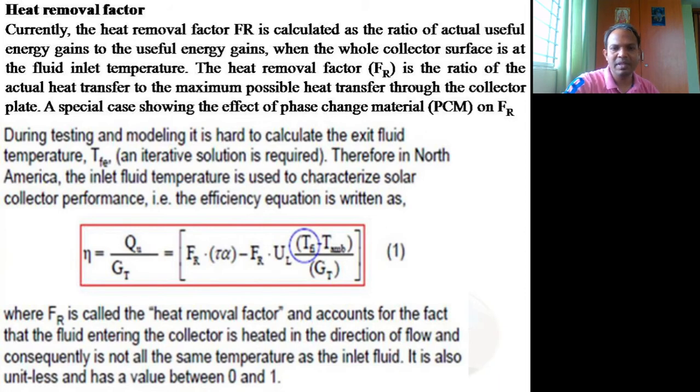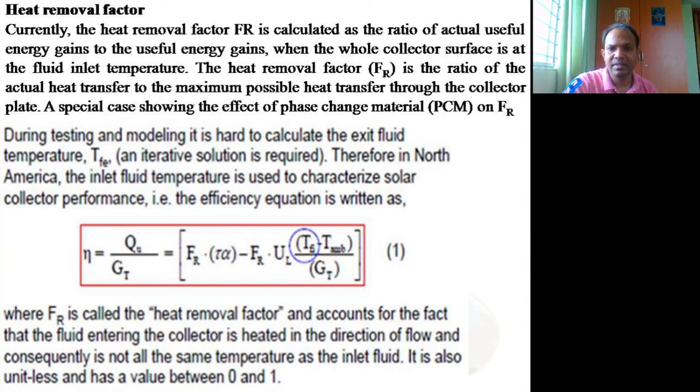So QU by GT is always given by the heat removal factor FR into tau alpha, that is transmissivity and absorptivity, minus the heat removal factor, which we can take common outside, into UL, the overall loss coefficient, into Ti minus T ambient.